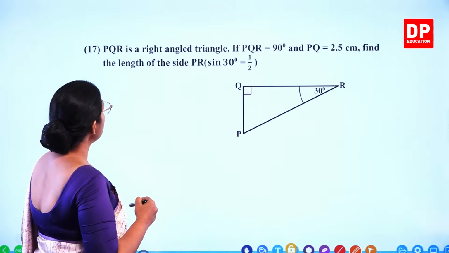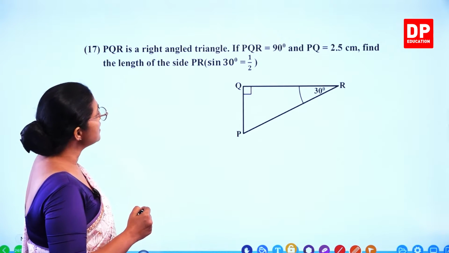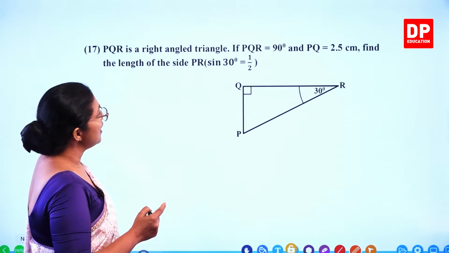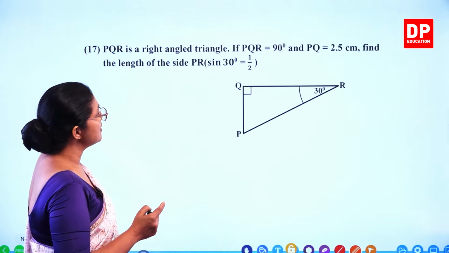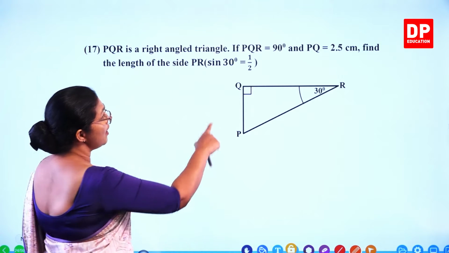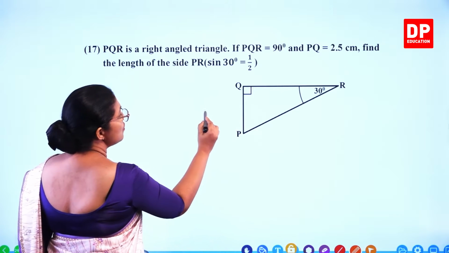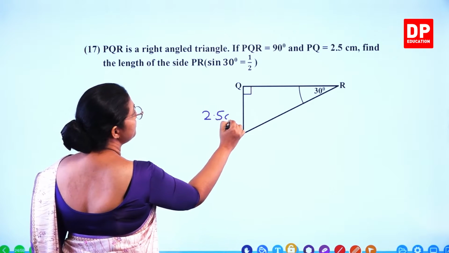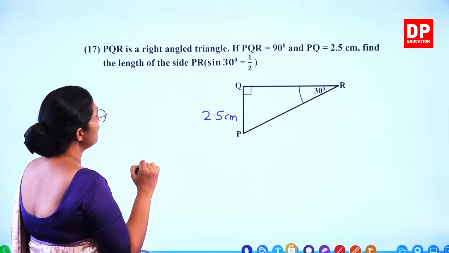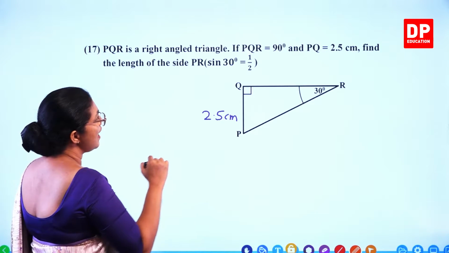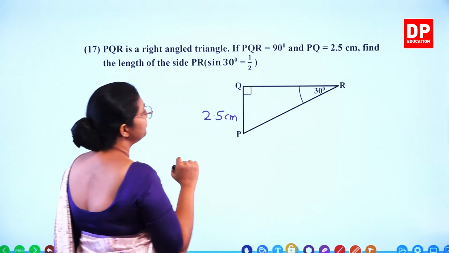Question number 17. PQR is a right angle triangle. If angle PRQ is 30 degrees, angle PQR is 90 degrees and PQ is 2.5. Find the length of the side PR and this angle is given 30.